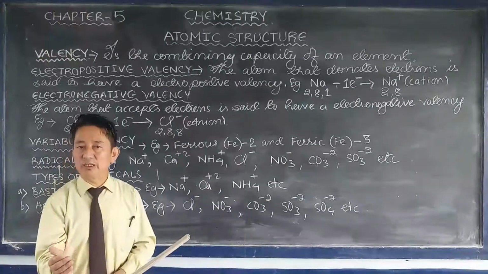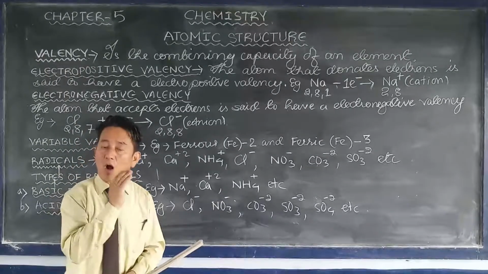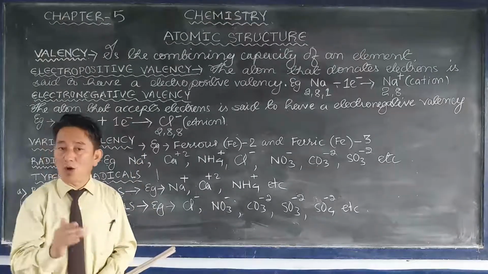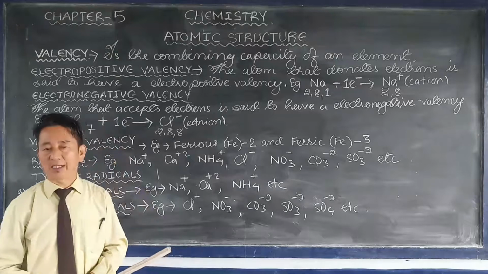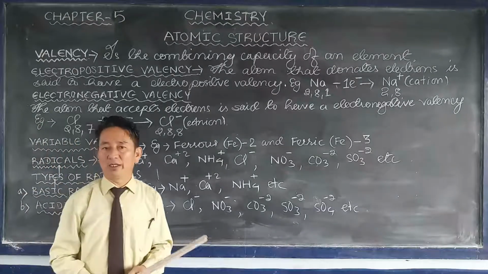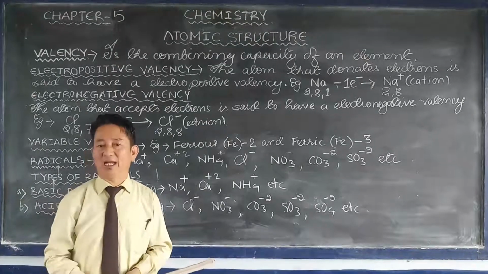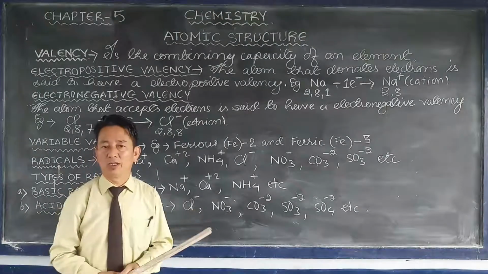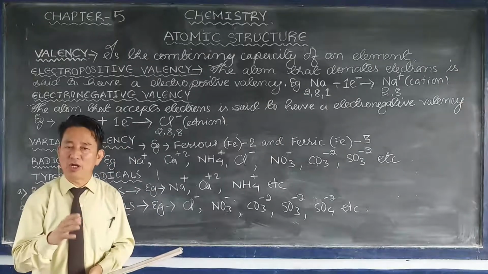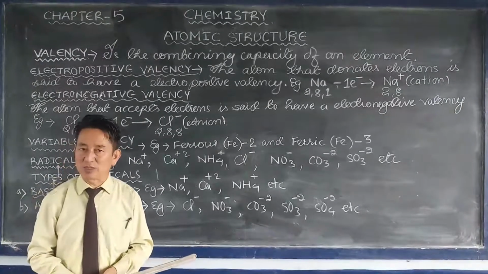Valence electrons means electrons present in the outermost shell or orbit of an atom. Second one, tendency to gain or to accept electrons. And third one, tendency to share the valence electrons.